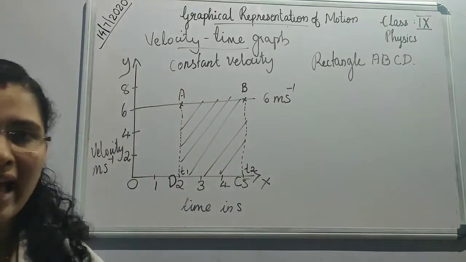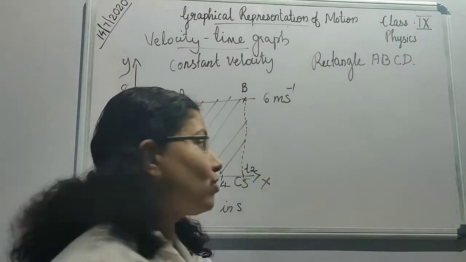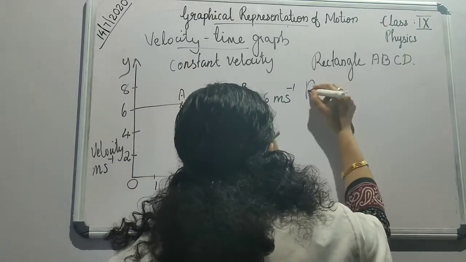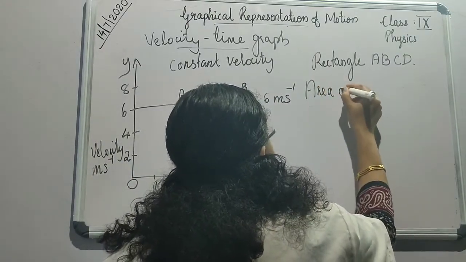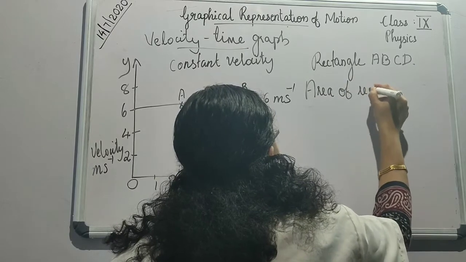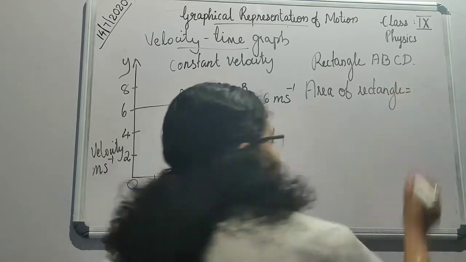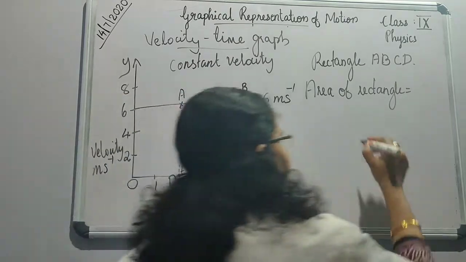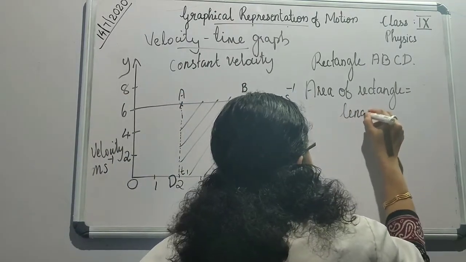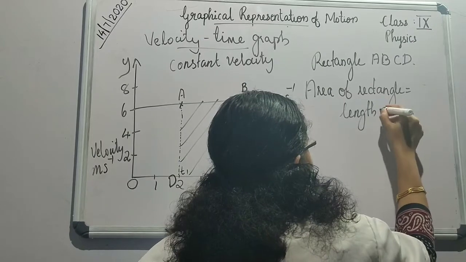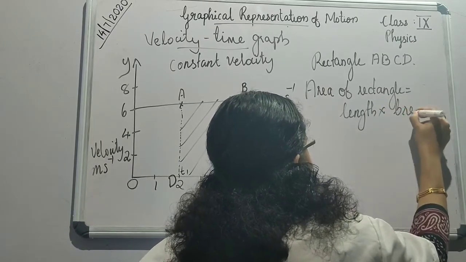If I calculate the area of this rectangle, what is the area of a rectangle? Area of rectangle is equal to length into breadth.